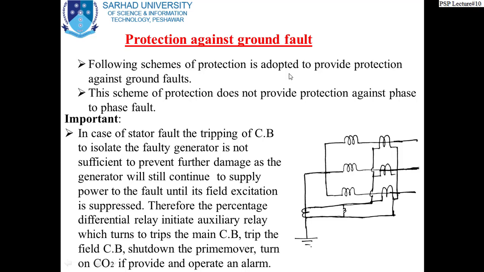It provides 100% protection for phase to phase fault, but it provides only 80 to 85% for the ground fault, right? Therefore, a separate sensitive relay is designed to clear all ground faults. This scheme of protection does not provide protection against phase-to-phase fault because it is between line and the neutral wire, and you see the unbalanced current flows only into the neutral wire. For line to line fault, there is no current flowing in this. Okay.